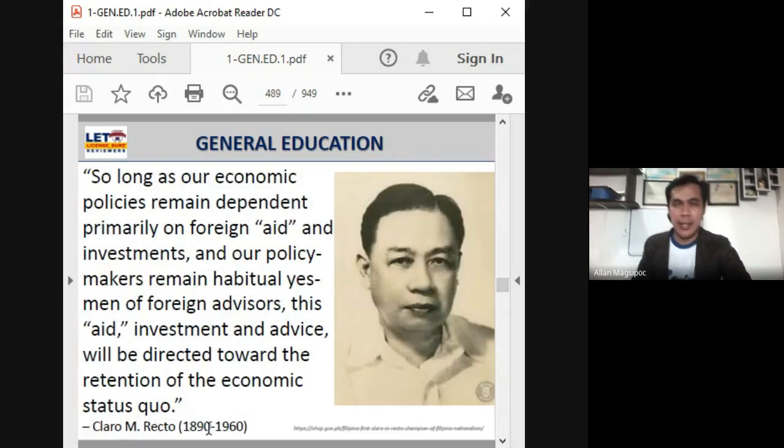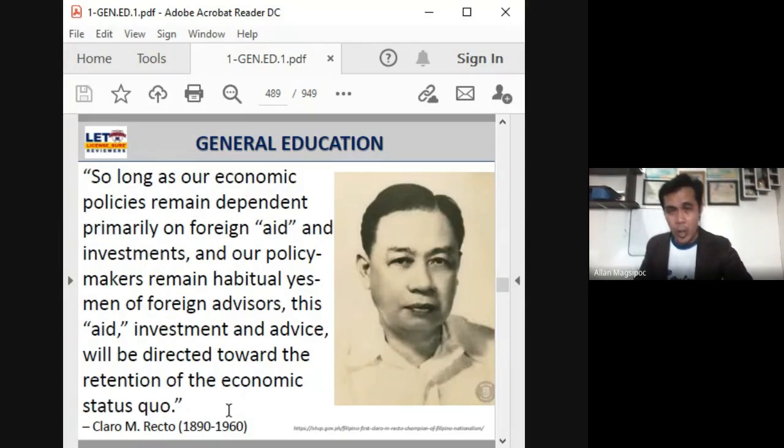Ano ang sinabi ni Claro Recto? So long as our economic policies remain dependent primarily on foreign aid, palagi tayong tinutulungan, palagi tayong binibigyan ng abuloy, and investments, and our policy makers remain habitual yes men, sige lang yes sa mga foreign advisors, this aid, investment, and advice will be directed towards the retention of the economic status quo.